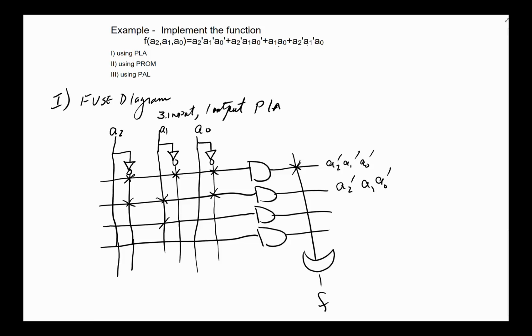I'm only connecting A1 and A0, and that's my answer. And then finally, the last term is A2 naught, A1 naught, and A0. So A2 naught, A1 naught, A0.